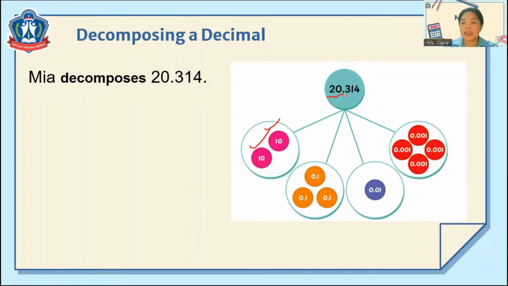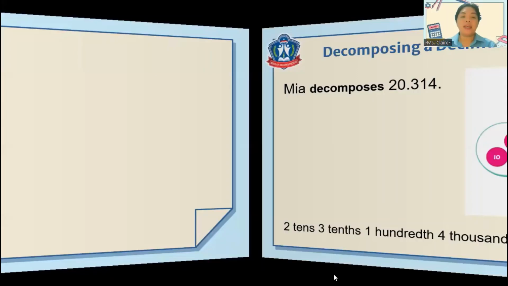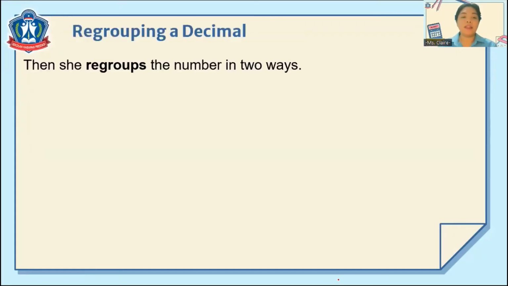There are 3 tenths, 1 hundredth, and 4 thousandths. So to decompose, that is equal to 2 tens, 3 tenths, 1 hundredth, and 4 thousandths. Decomposing a decimal means we break it down into smaller pieces, smaller numbers.